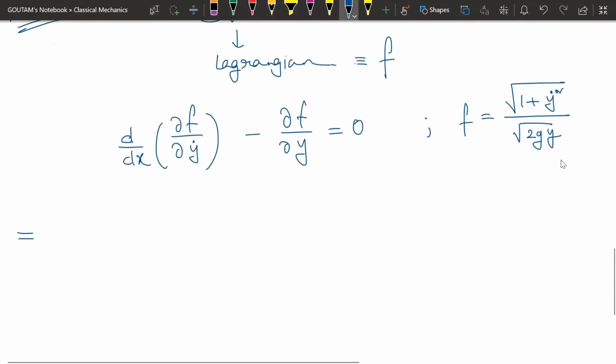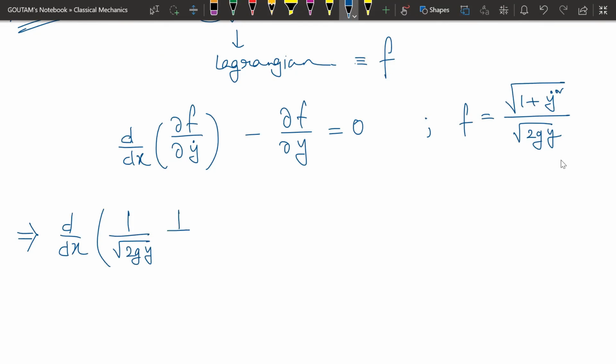Now if we do the derivative, we get d/dx of ∂f/∂y dot. If we differentiate with respect to y dot, the 2gy has no dependence on y dot; the y dot dependence is in the other factor. So we get half root under 1 plus y dot square times 2 y dot.